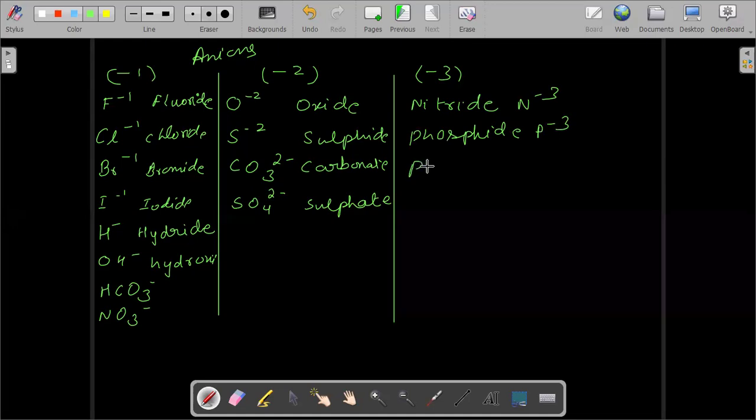Then you have the phosphate group, PO4 whole thrice -3. All right. So these are some of the anions which we have listed over here. You are supposed to remember their names and their symbols along with their valencies.